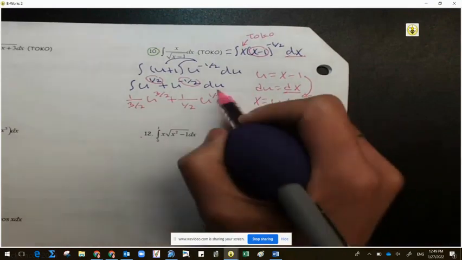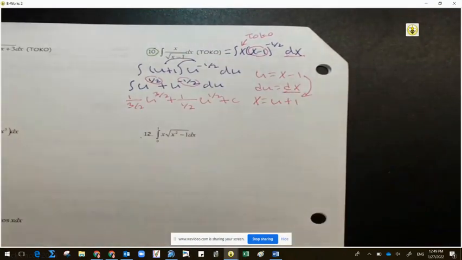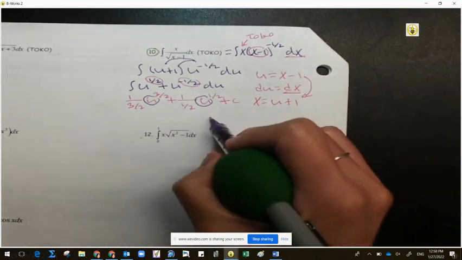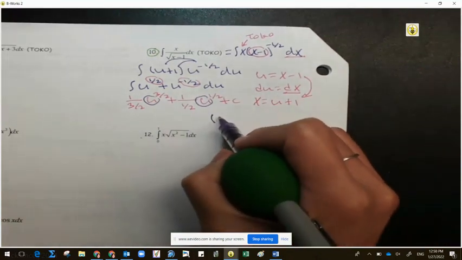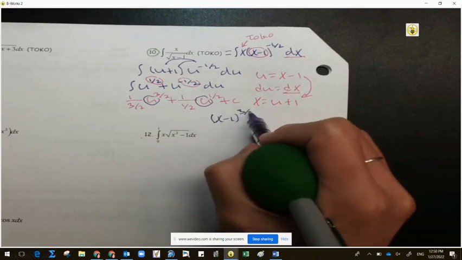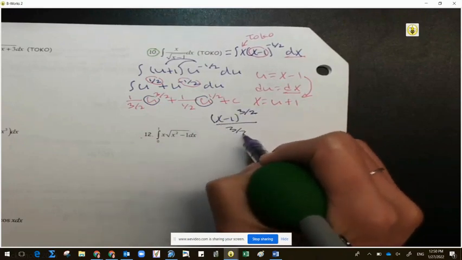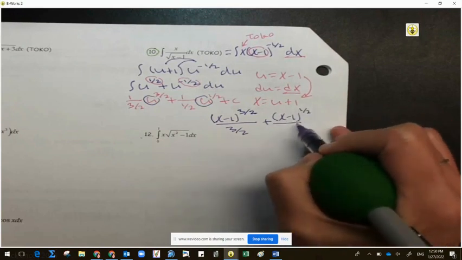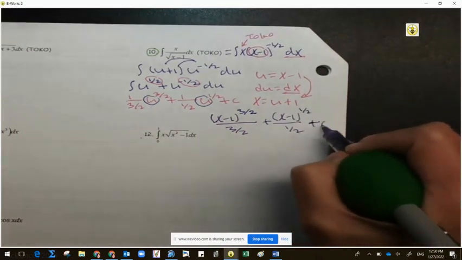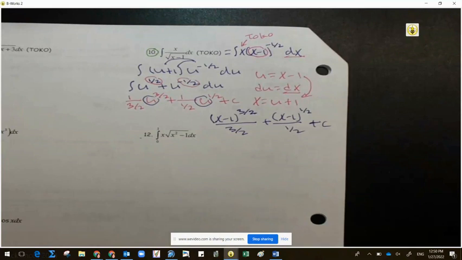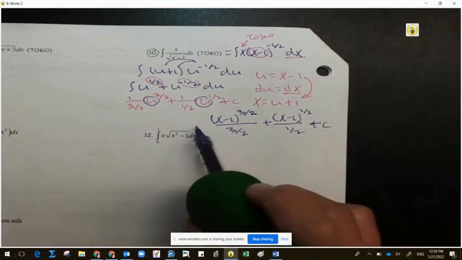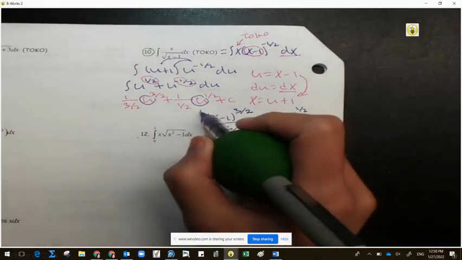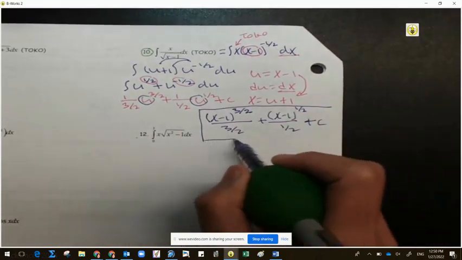And what do I need at the very end? Plus c. Let's plug in the u back, which I get x minus 1 to 3/2 over 3/2, plus another x minus 1 to the 1/2 over 1/2, plus a c. If you wanted, could I have written this one on the outside as 2/3 and just 2 and do the reciprocal already? You may, but I'm okay with this.